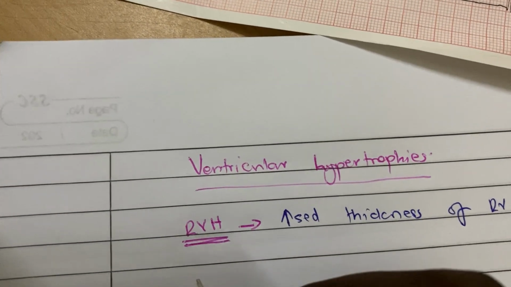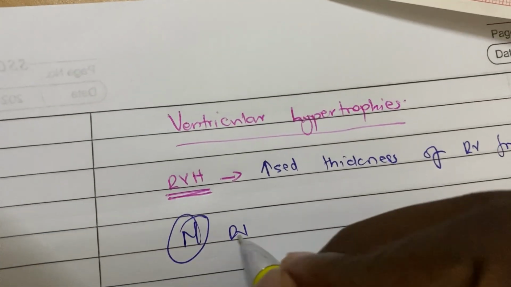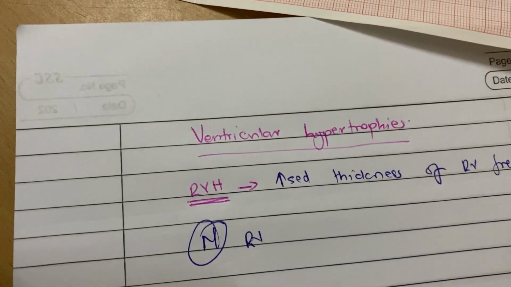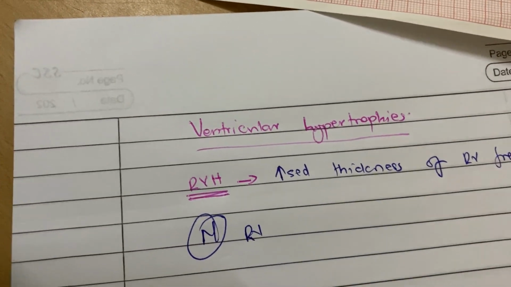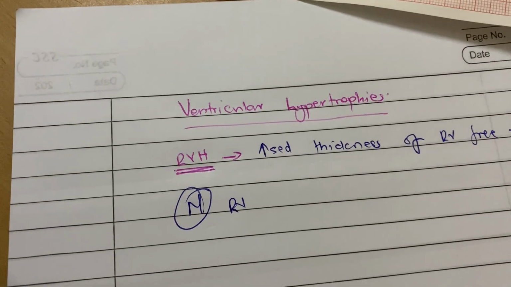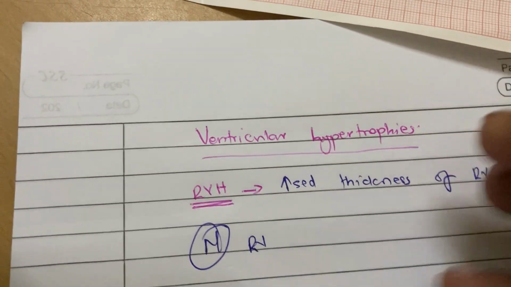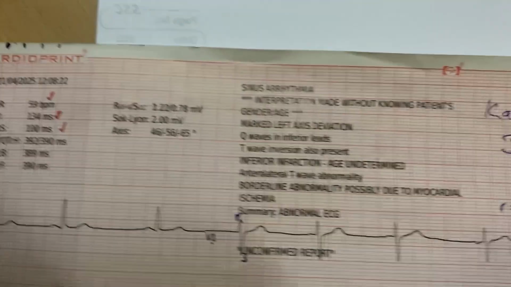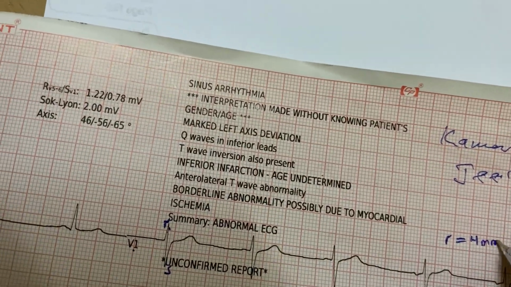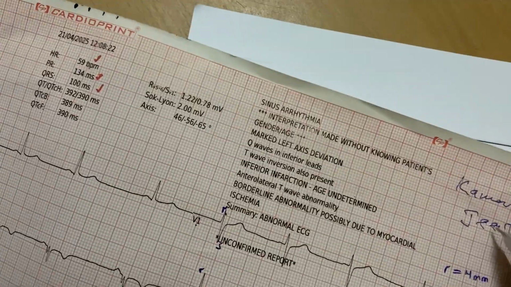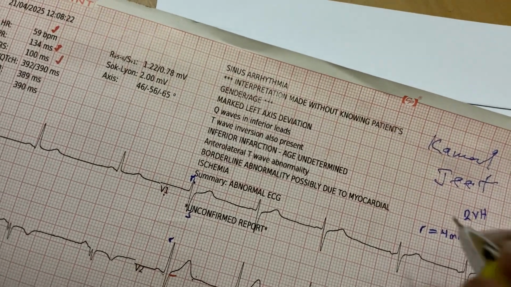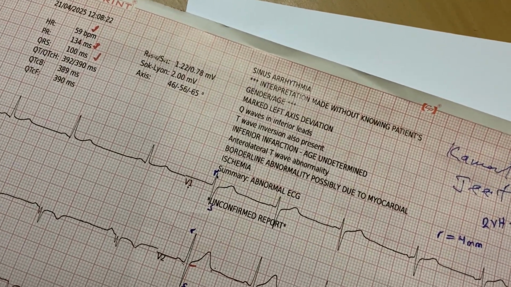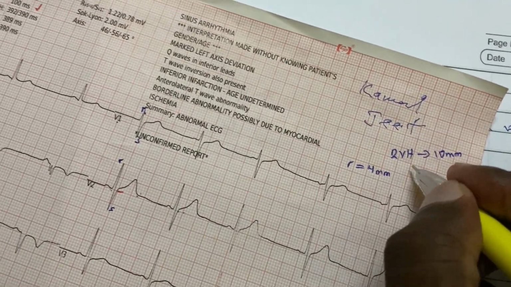So in hypertrophy, the R wave may be taller. In a normal case, like for example in this case, this R is 4 millimeters. If there was RVH, this R wouldn't be 4 millimeters. It can be 10 millimeters in RVH.